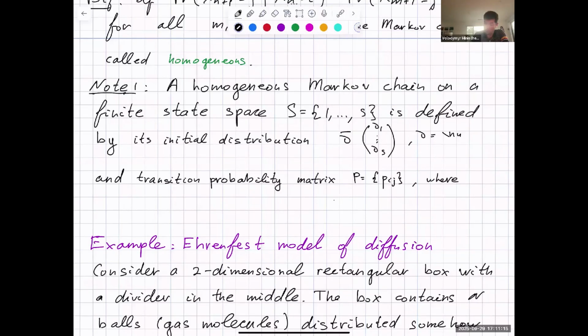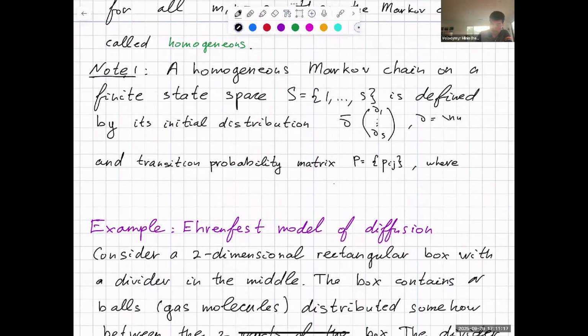Again, we will write this down very explicitly. So nu i is the probability of x0 being i, and Pij is the transition probability that x1 is equal to j given x0 is equal to i.